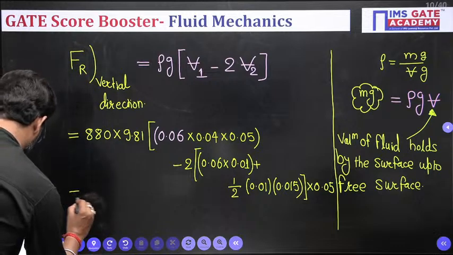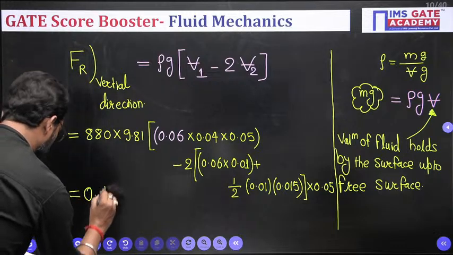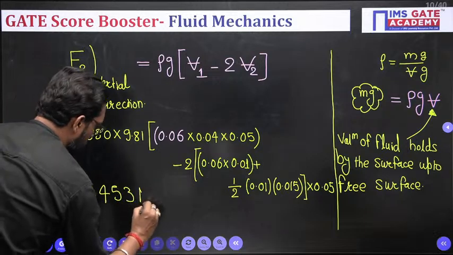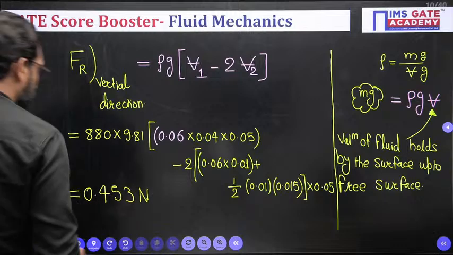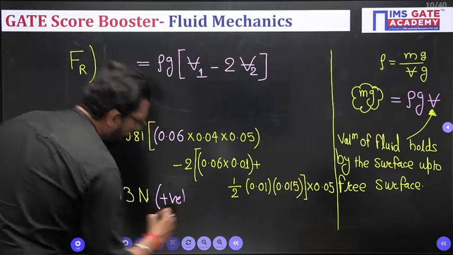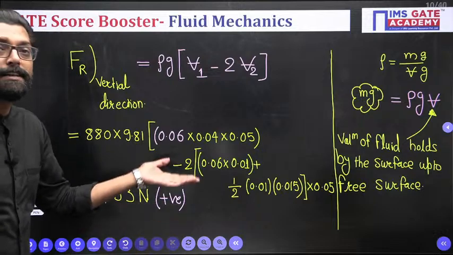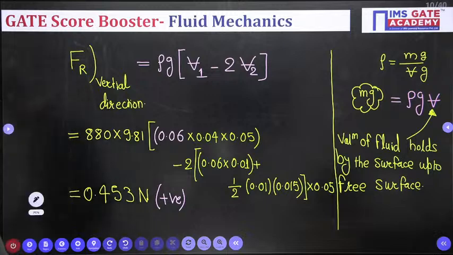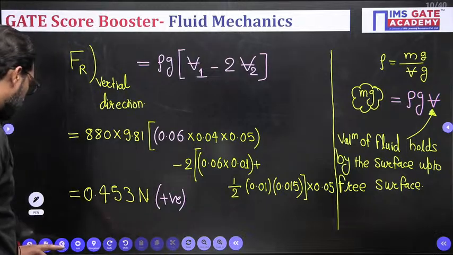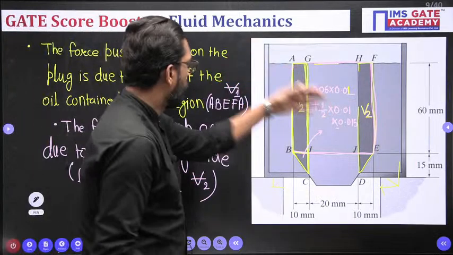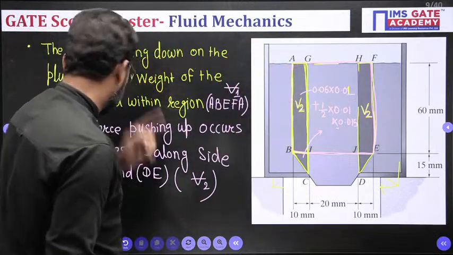the value is 0.453 Newton. And my dear, this is positive. That means net it is in upward direction. Why? Because we have to take the upward as positive.